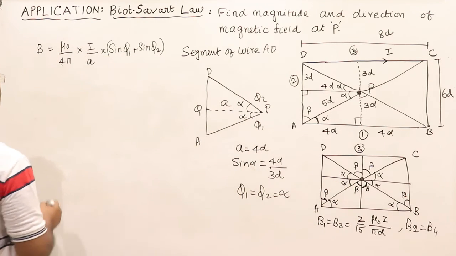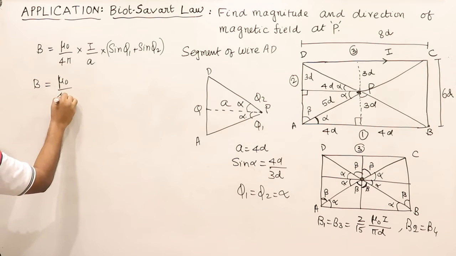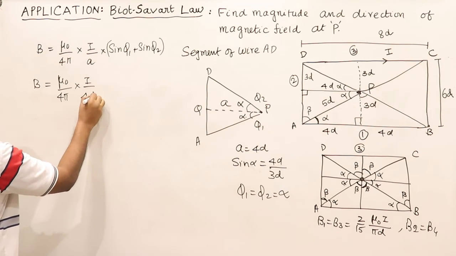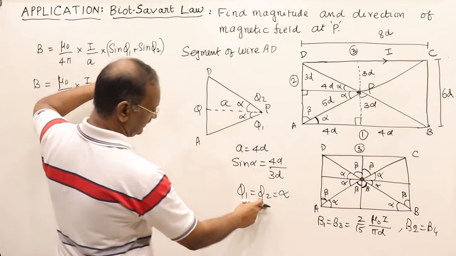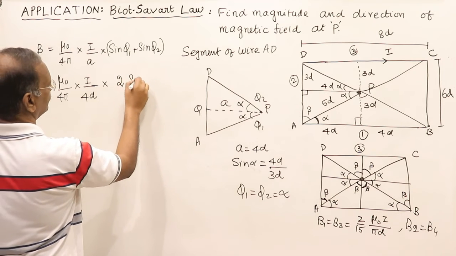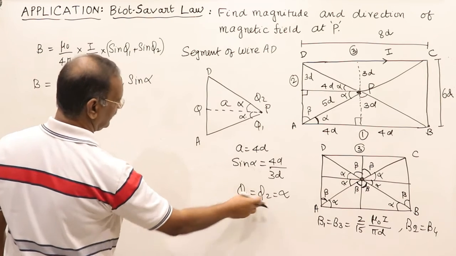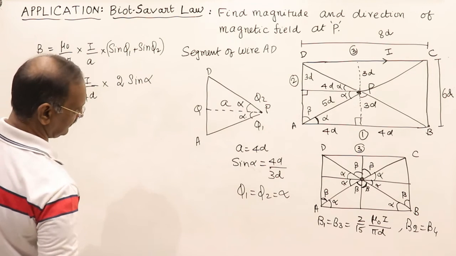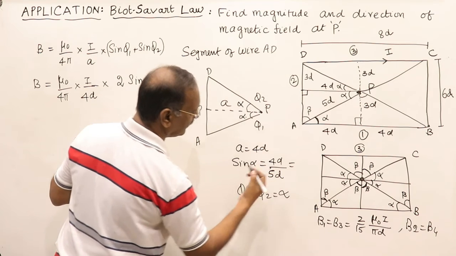We got everything. So now this is B in magnitude, mu naught by 4 pi into I. What about A? A is equal to 4D into sin phi 1 plus sin phi 2. Phi 1 is equal to phi 2 is equal to alpha. So sin alpha plus sin alpha is twice of sin alpha. Sorry, it should be sin alpha.